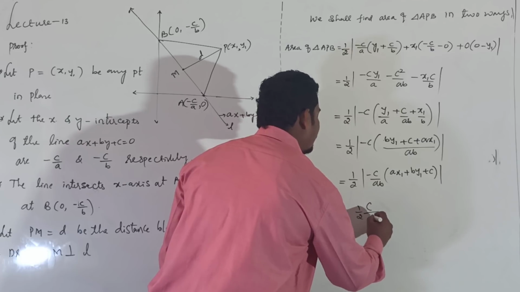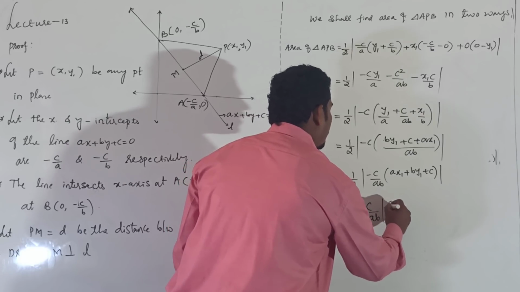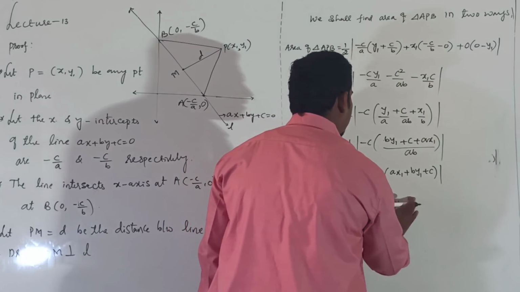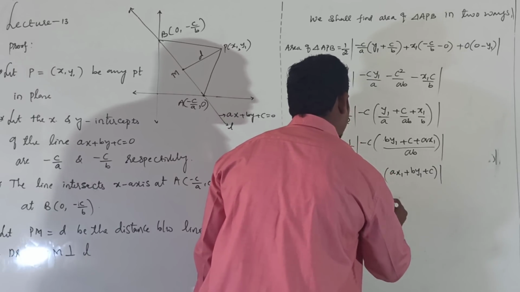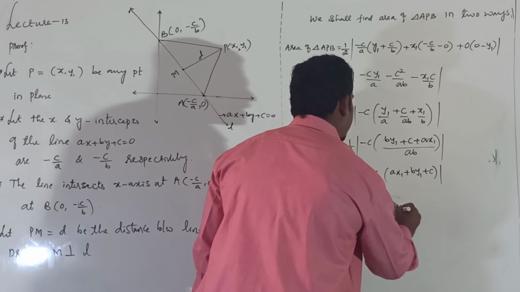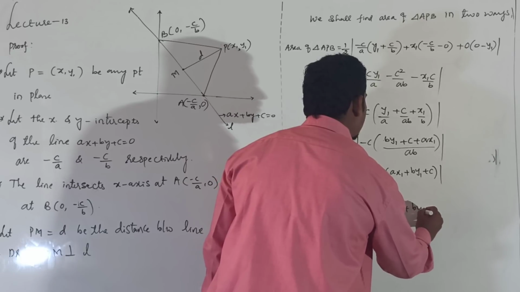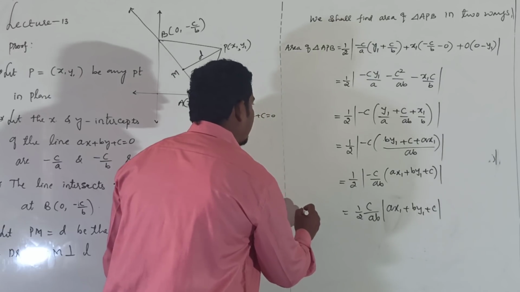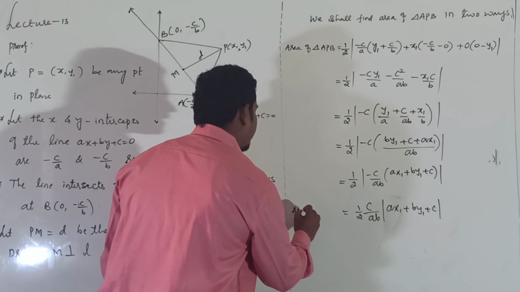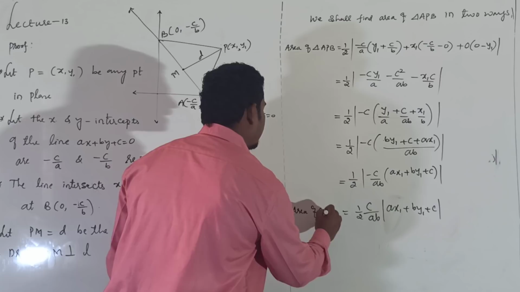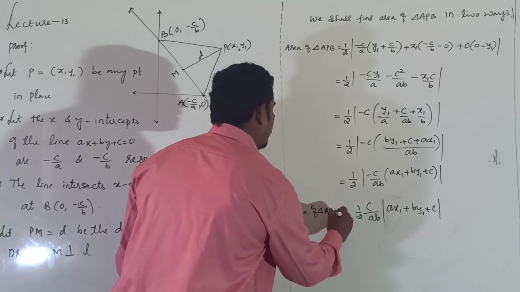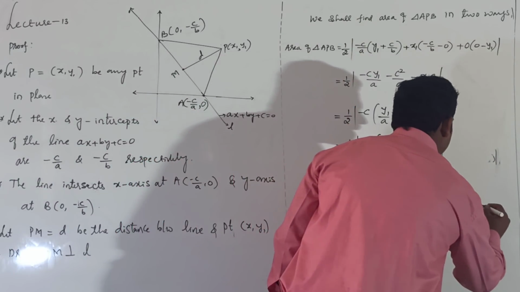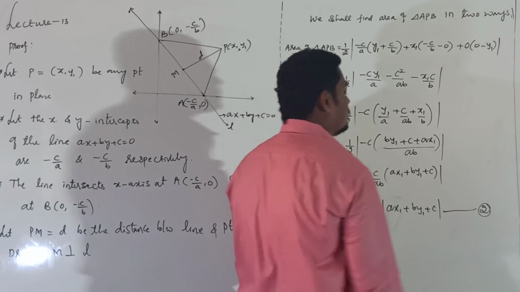So it will be C divided by AB into modulus of AX1 plus BY1 plus C. It is area of the triangle APB. It is one method, and take this as equation number 1.